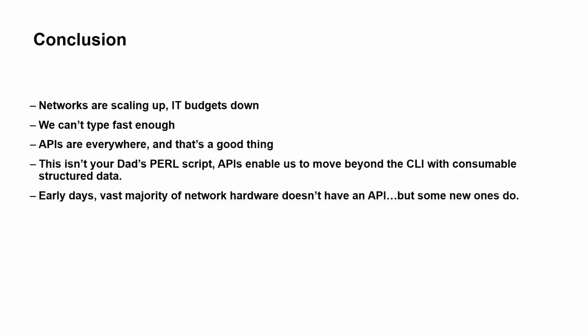APIs enable us to move beyond the CLI with consumable structured data. It's early days. The vast majority of networking hardware out there doesn't have an API, but some of the new ones do, and I'm happy to say that ArubaOS-Switch, since 16.02 on the code, has got it. It's definitely something you should be looking at and getting involved in. The bottom line is, it's fun.